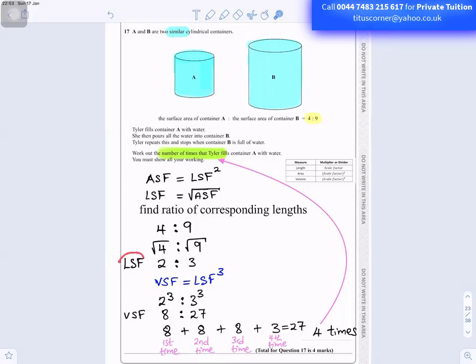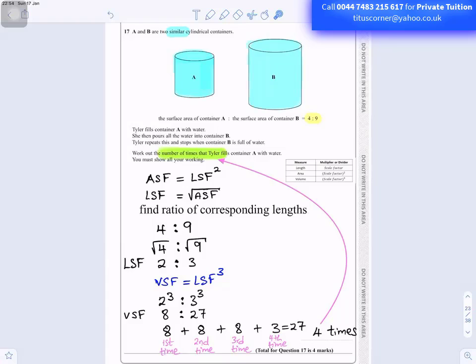Now that we've got the length scale factor, we have to change it to the volume scale factor. To change length scale factor to volume scale factor, we cube the length scale factor because volume is cubed. So we have 2 cubed is 8, and 3 cubed is 27. 3 times 3 times 3 is 27.